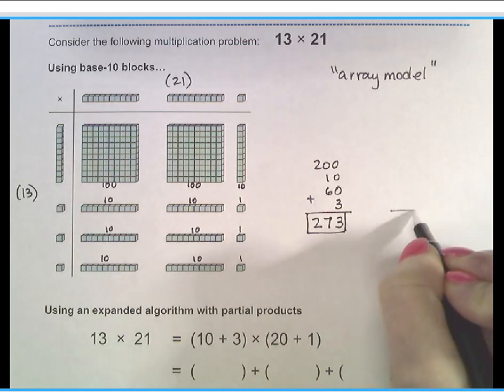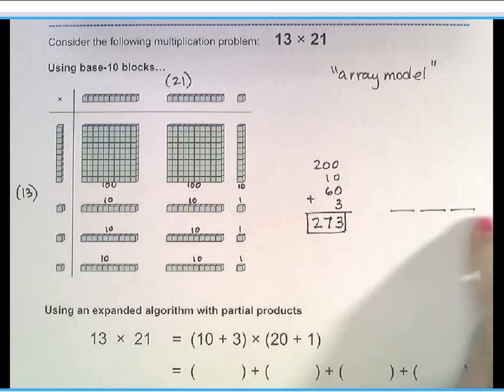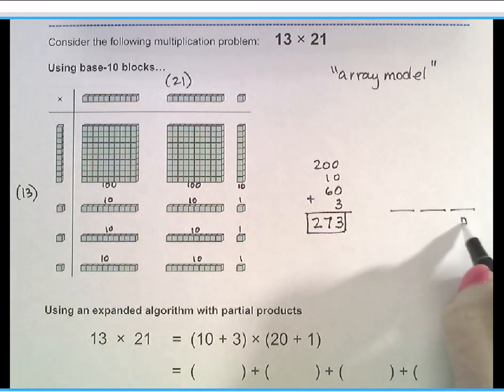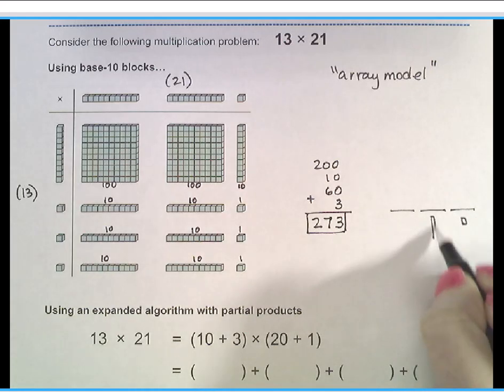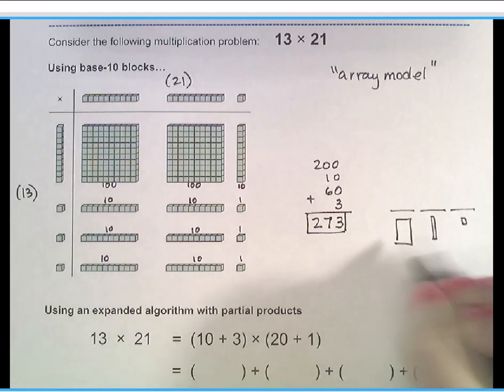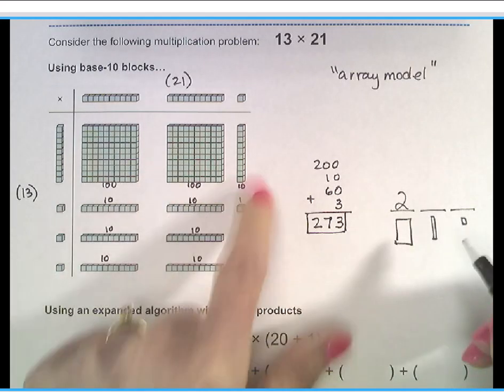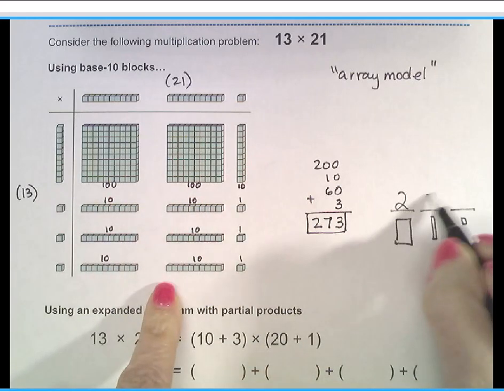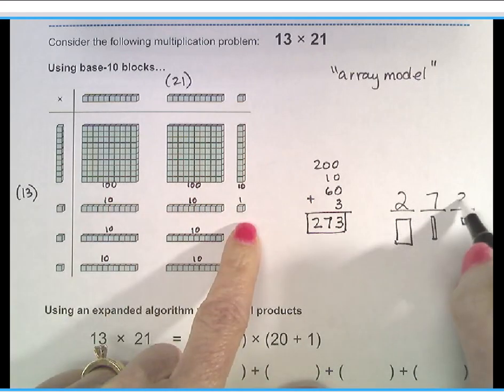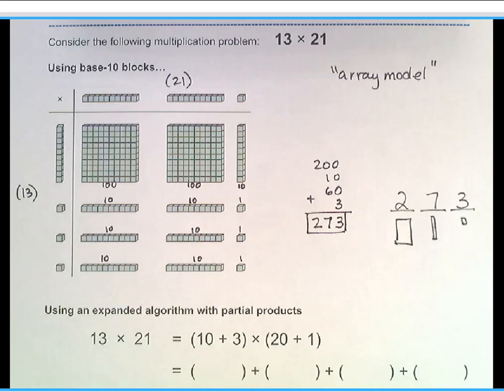Or you can think about it in terms of place value. Remember, these are how many little ones you have, how many long ones you have, and how many hundreds you have. And you just literally count the shapes. I have 2 hundreds, I have 7 of the long ones, and I have 3 of the little ones. You can write it that way too. But it's very easy to see it's 273.